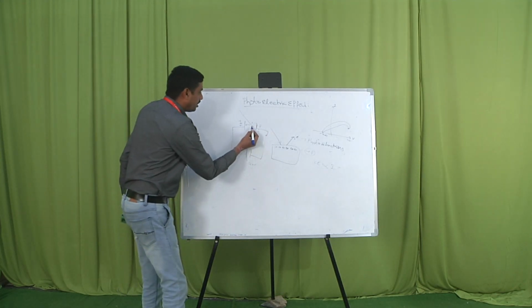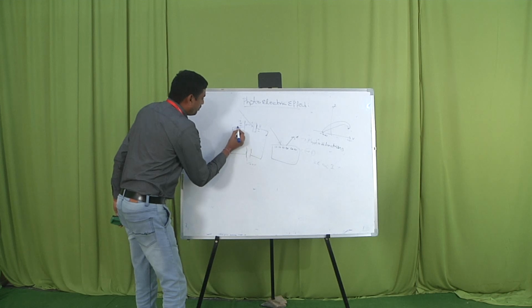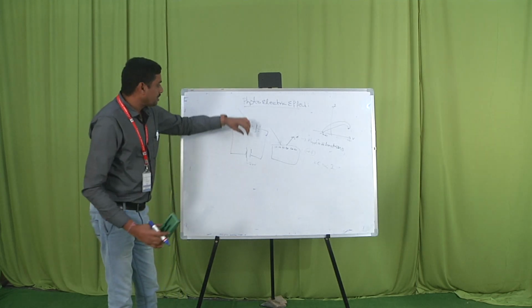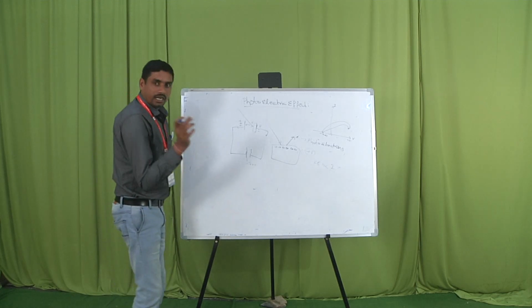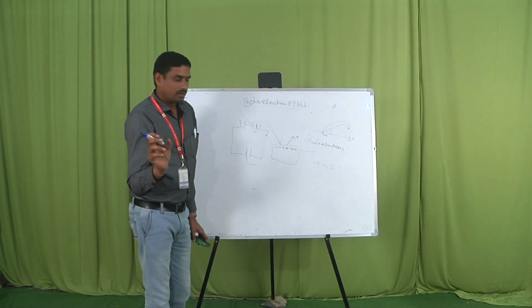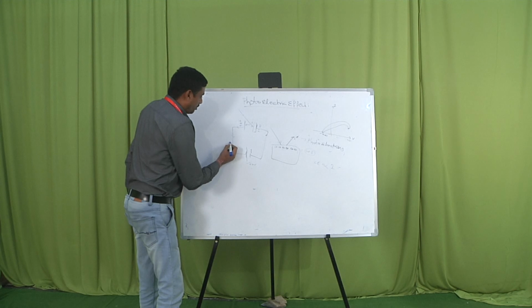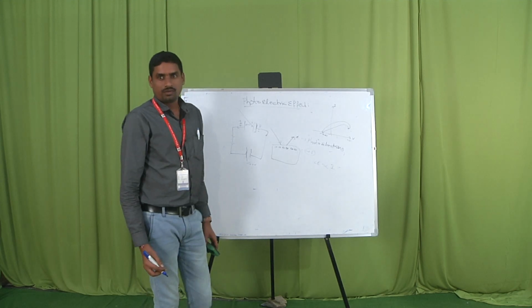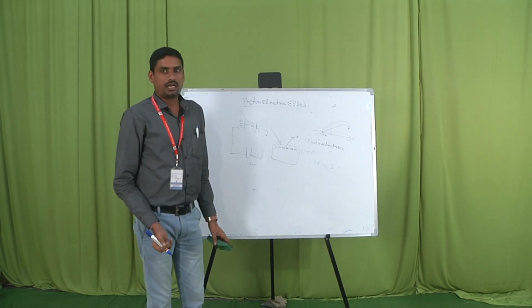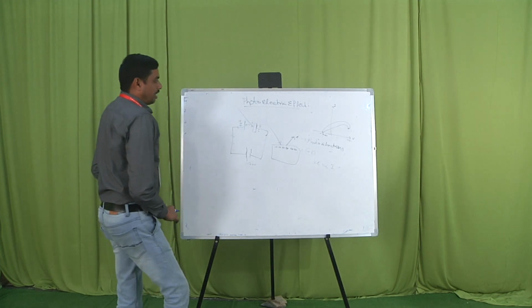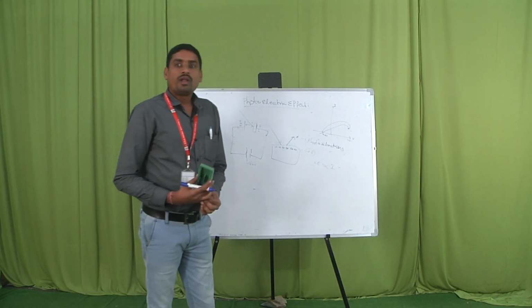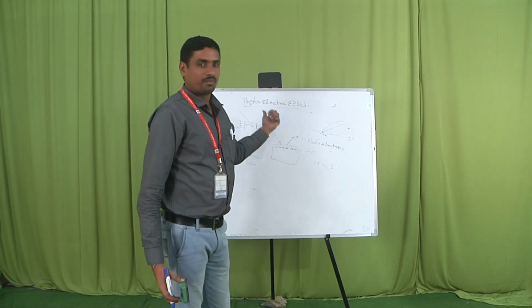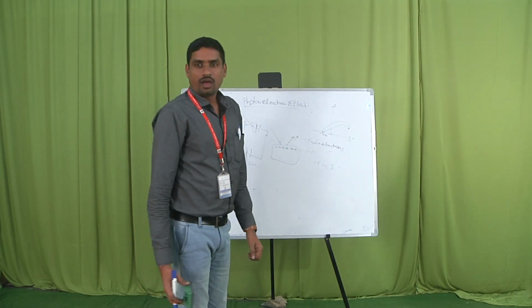Then the electrons reach the positive plate, and when we give a conducting path to that electron, it flows. When electrons flow, they generate current. Like that Einstein explained it, succeeded, and got the Nobel Prize for explaining the photoelectric effect.